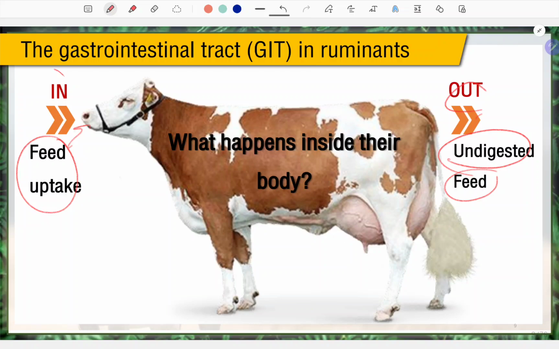So this is the way in and the way out of feed and undigested feed in the body of ruminants.